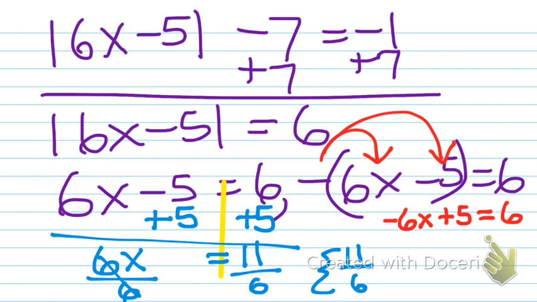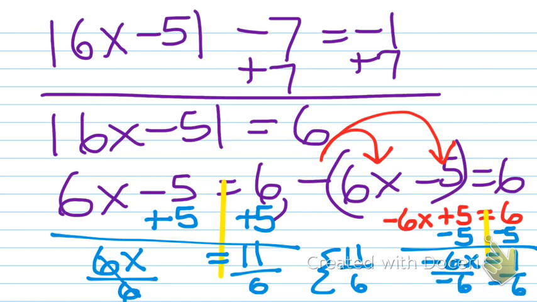Now, we start moving the numbers across the equal sign by doing the opposite. We subtract 5, and we end up with $6 minus $5 is $1. Then we divide by negative 6. And our final solution is x equals negative 1 over 6. And that should be a curly brace.